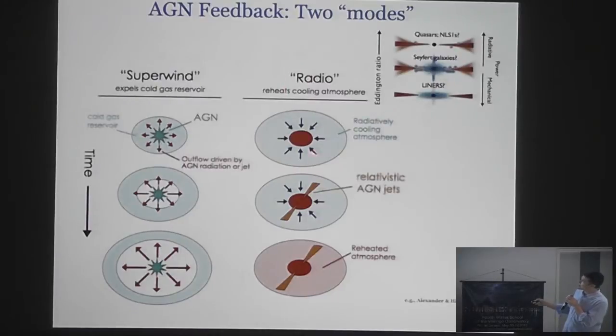In the radio scenario, you have a hotter halo, and you accrete gas more slowly, and the jets turn on every so often, and heat up the halo, and then they turn off again. And so we might see the jets in only one in a few 10,000 objects, and so they turn on relatively rarely, but they're enough to heat this outer region enough so that the gas stops cooling and forming new stars.